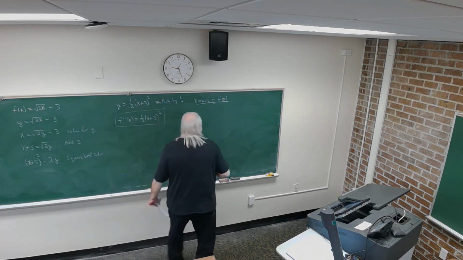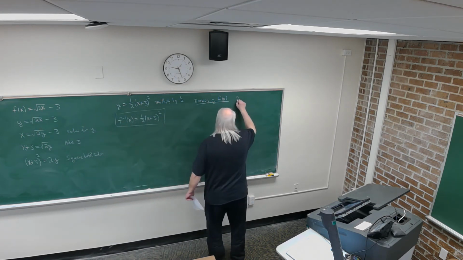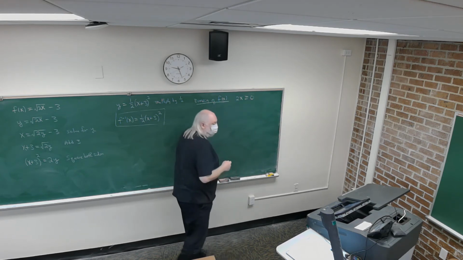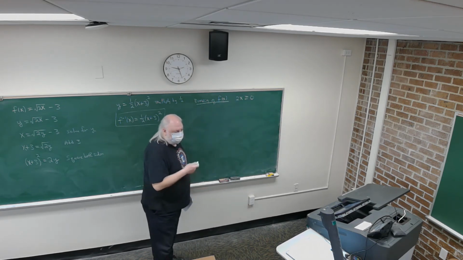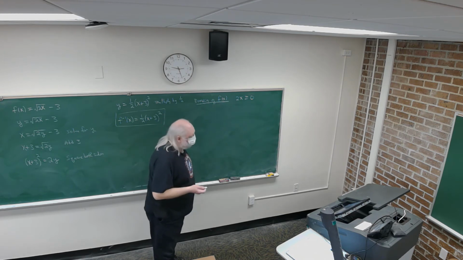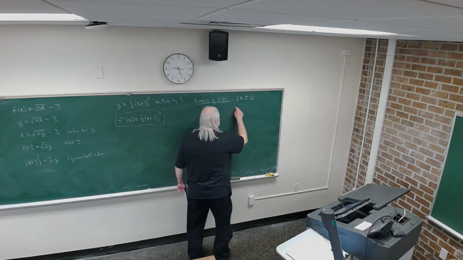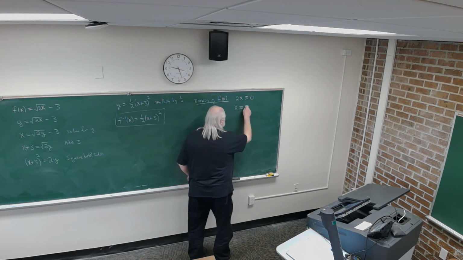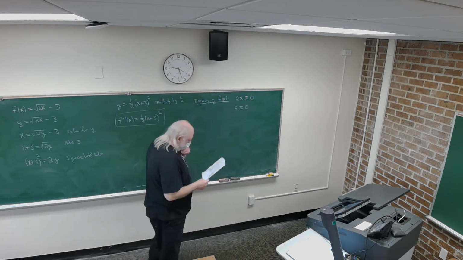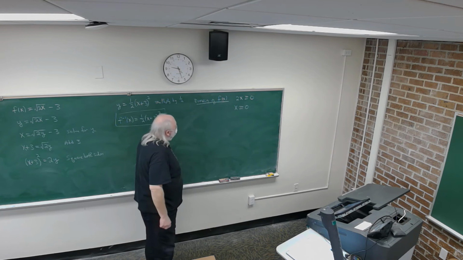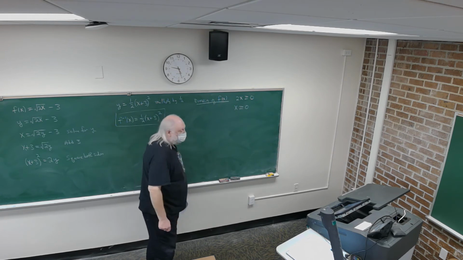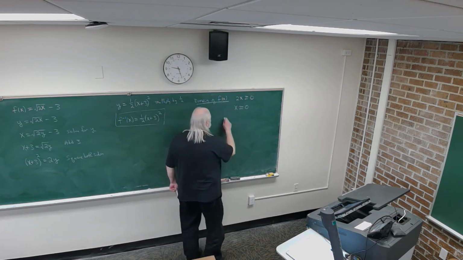So, you set the radicand 2x be greater than or equal to 0. All right, that's a linear inequality. Now you divide both sides by 2, and you get x has to be greater than or equal to 0. So the domain of f of x in interval notation is bracket 0, comma, infinity.